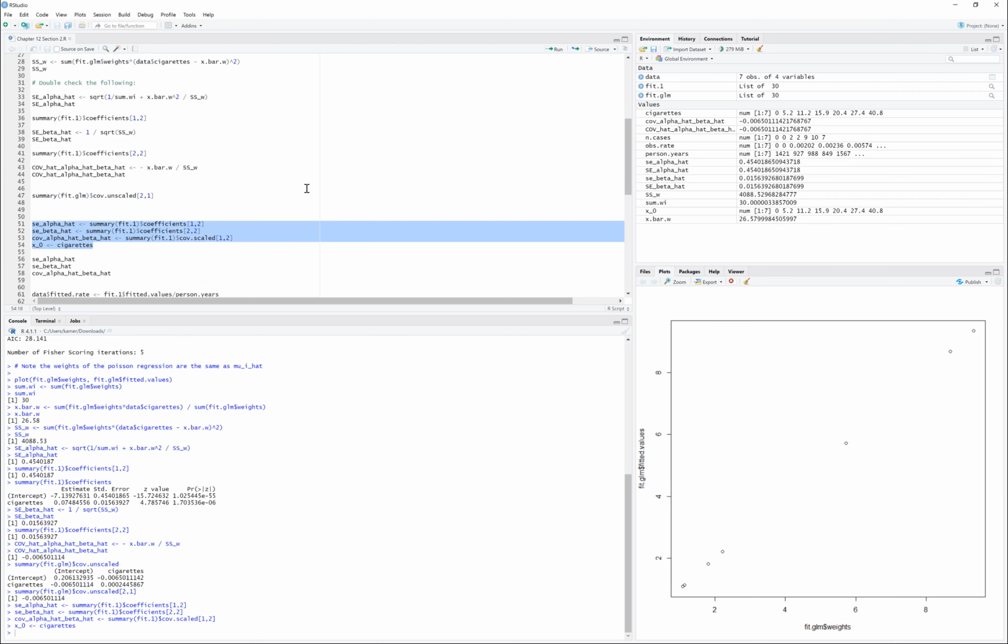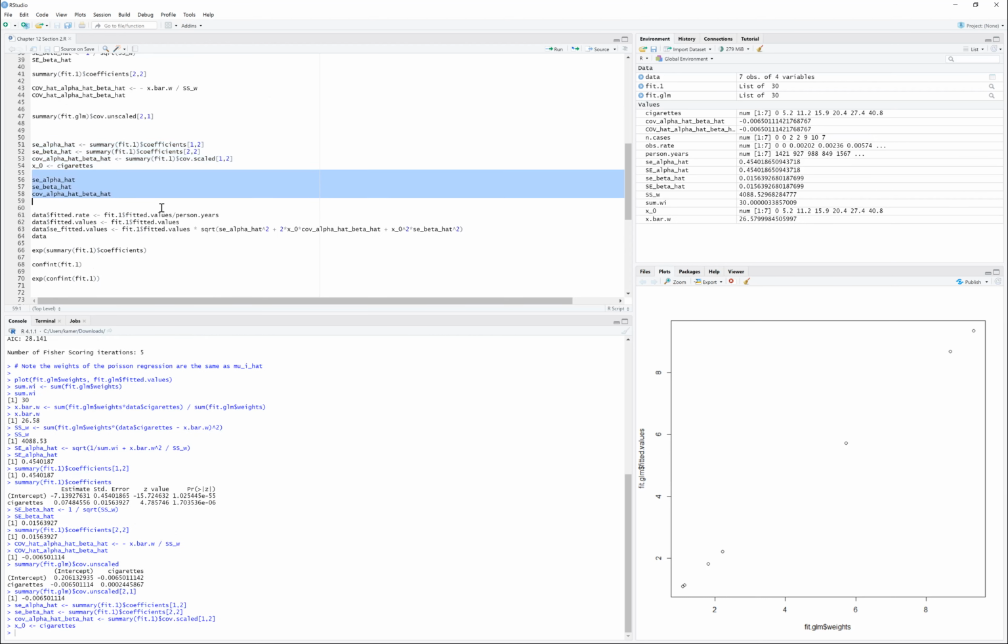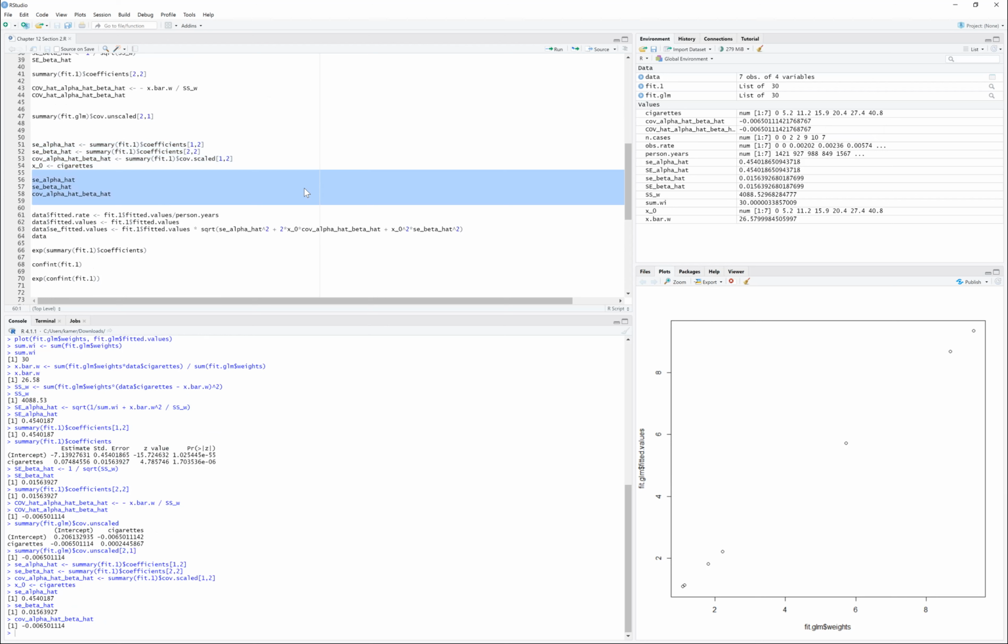Okay, so let's just take a view of the values. We've already seen them, but there they all are, all in a row. And if we want to get the fitted rate, we can take the fitted values and divide that by person years, right? And then if you look at the standard error of the fitted values, this is shown under equation 12.17.